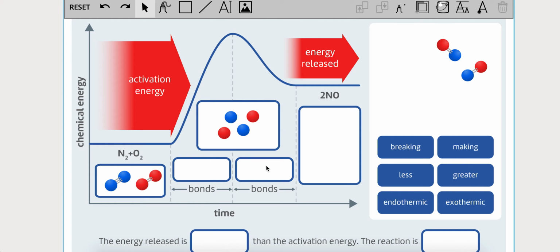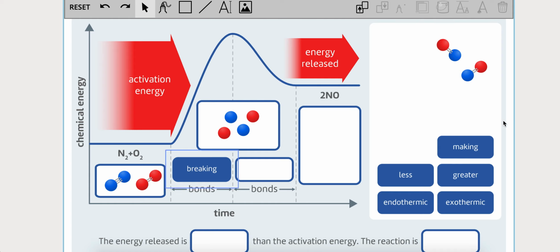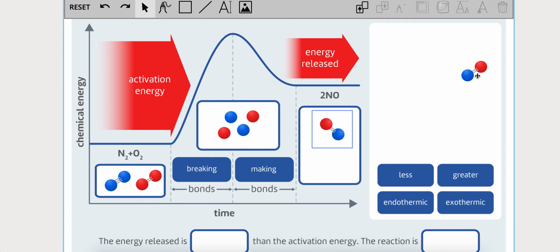Then the bonds are actually being made. So we're going to go ahead and drag these two options in. So remember, bonds first need to break, which is why we see what we see up here. And then we make new bonds to form two lots of NO. So there's one lot of NO and our second lot over here.